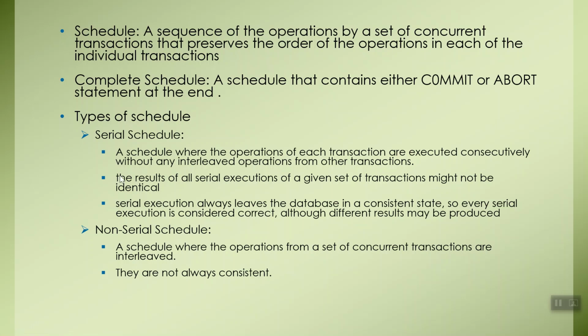The results of all the serial executions of a given set of transactions might not be identical. Serial execution always leaves the database in a consistent state, so every serial execution is considered correct, although different results may be produced. A non-serial schedule is a schedule where the operations from a set of concurrent transactions are interleaved, and they are not always consistent.